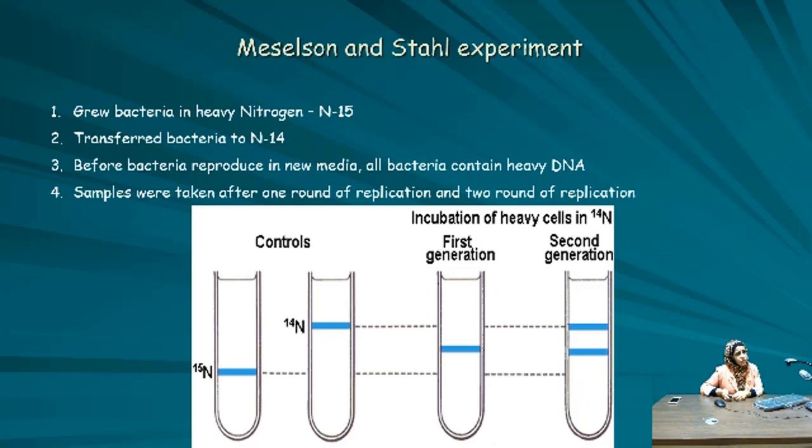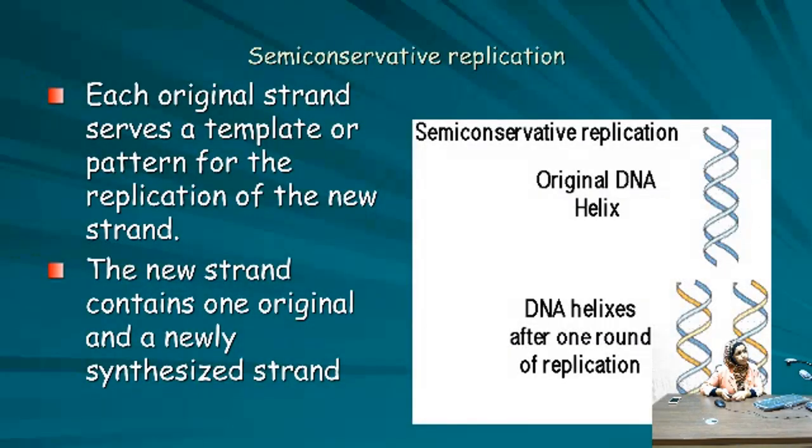The second generation contains 2 bands of hybrid N14 and N15 DNA. Samples were taken after 1 round of replication and 2 rounds of replication. This figure shows the semi-conservative replication of DNA, which is the replication of the DNA in organisms.